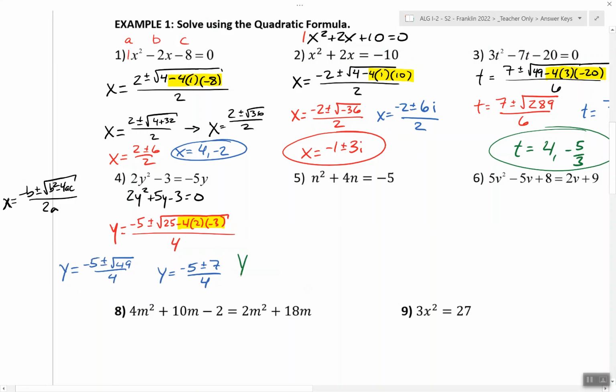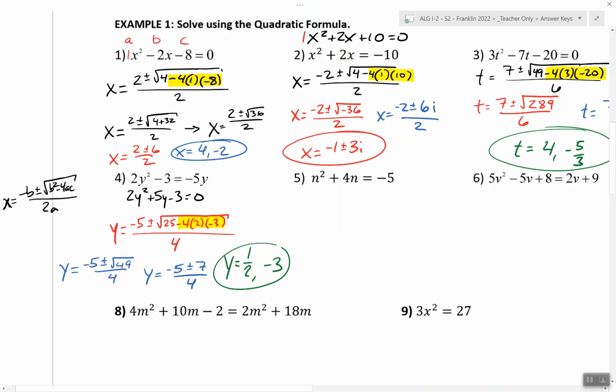Solutions are y equals negative 5 plus 7 is 2, and 2 over 4 reduces to 1/2. Negative 5 minus 7 is negative 12, divided by 4 is negative 3. So 1/2 and negative 3 are our two solutions here. Let me scoot those over just a little bit. There we go. Probably didn't leave enough room for each of these problems, but we're doing just fine.